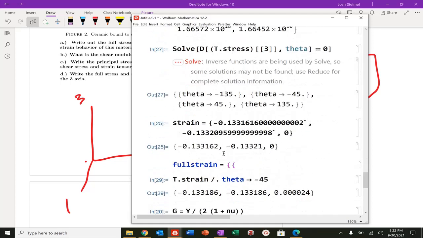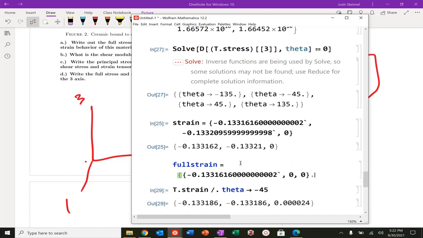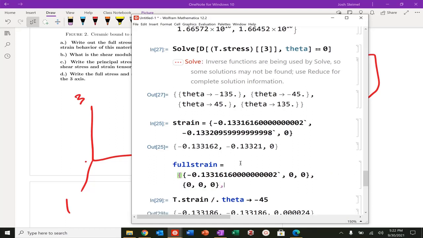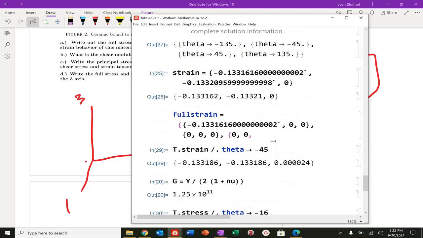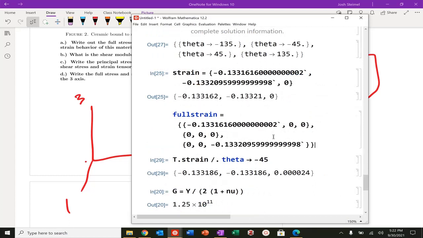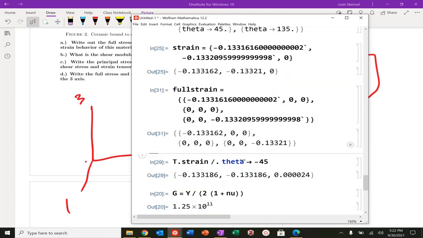So there's the full strain. Strain 1,1, there's no values over here, there's 0, 0, 0, and then finally there's 0, 0, and then this value over here, my strain 3,3. So this would be my rotation here. That'd be my full strain.